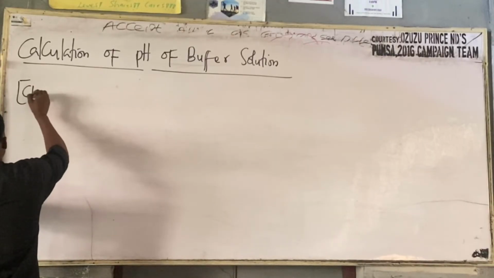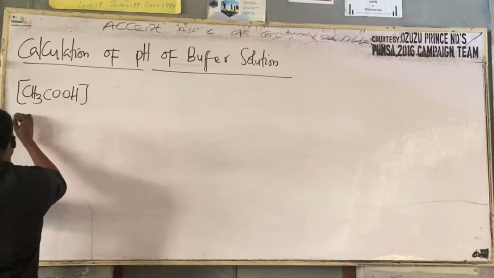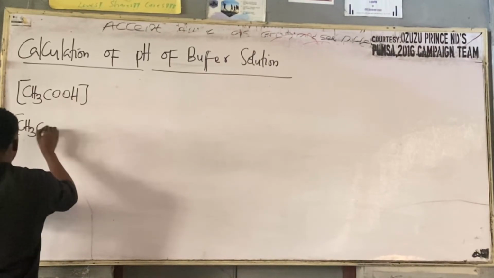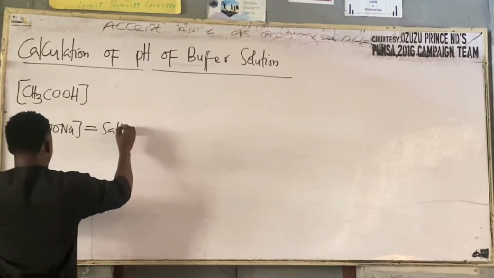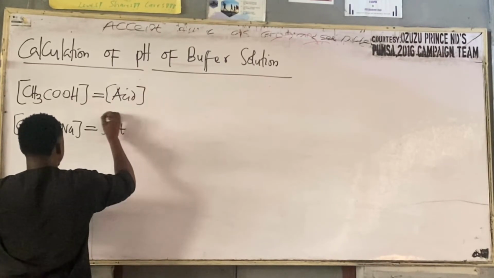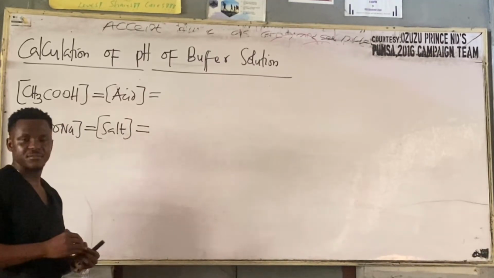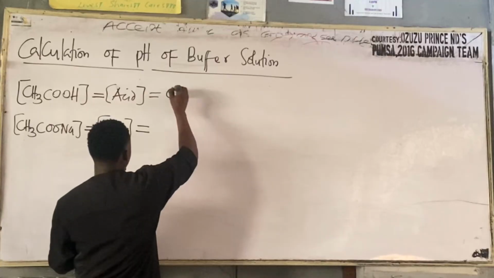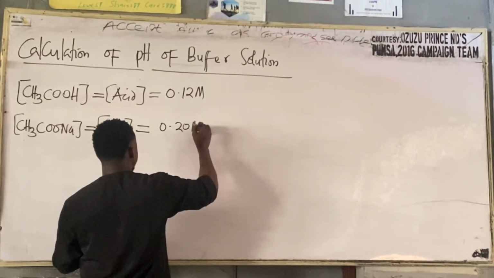Now this is acetic acid, and this is sodium acetate. This is the salt, and this is the acid. What was the concentration of the acid? 0.12. And this here is 0.20, right?